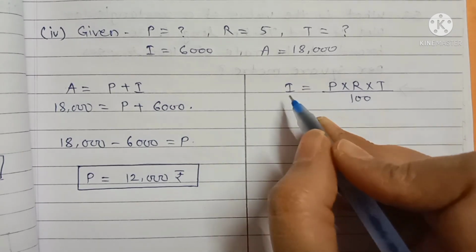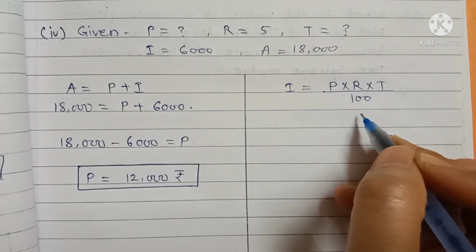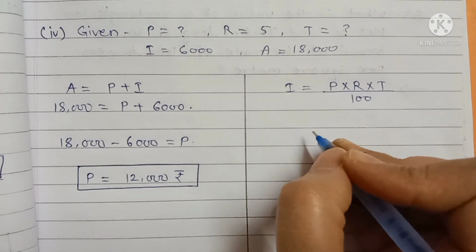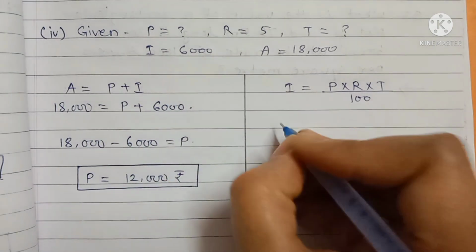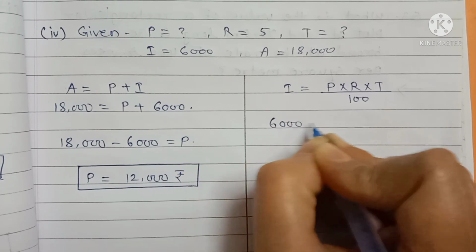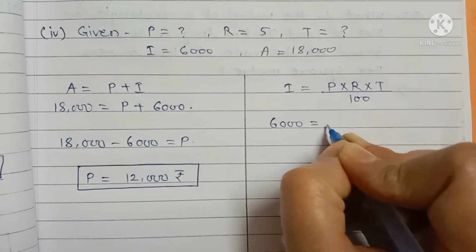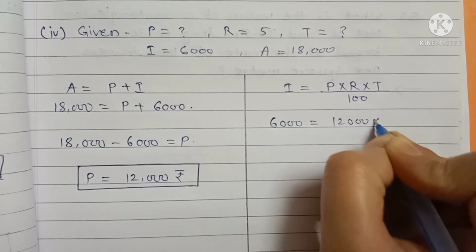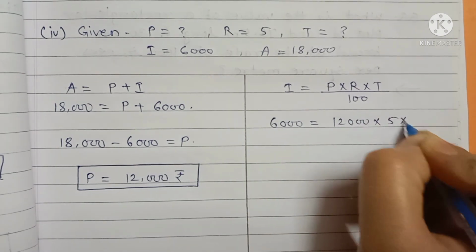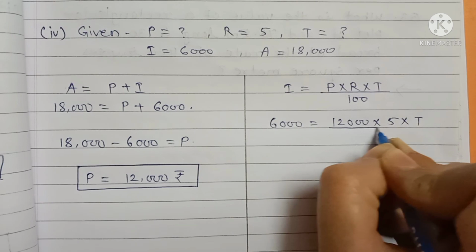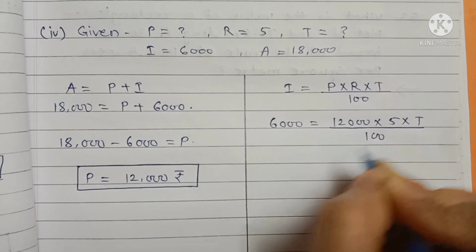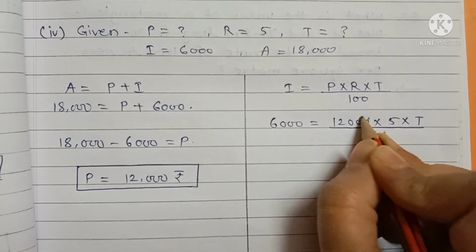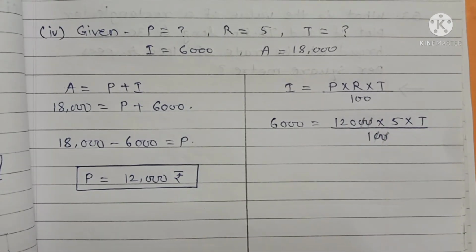Now, I is equal to PRT upon 100. Using this formula, we will find the value of T. I is given 6,000 is equal to P, which is 12,000, multiplied by 5 into T upon 100. 0, 0 get cancelled.